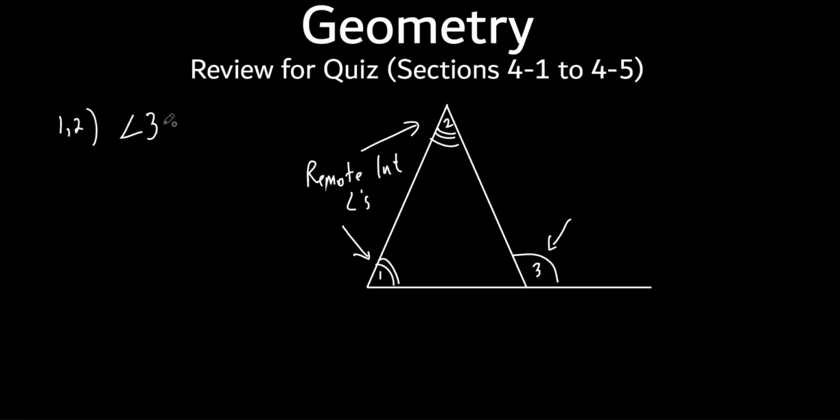Angle 3 equals angle 1 plus angle 2. Does that have anything to do with 1 plus 2 equals 3, like the numbers? No, it has nothing to do with that. It has everything to do with the sum of the remote interior angles being equal to the exterior angle. So there's your exterior angle. This angle is equal to this one plus this one.